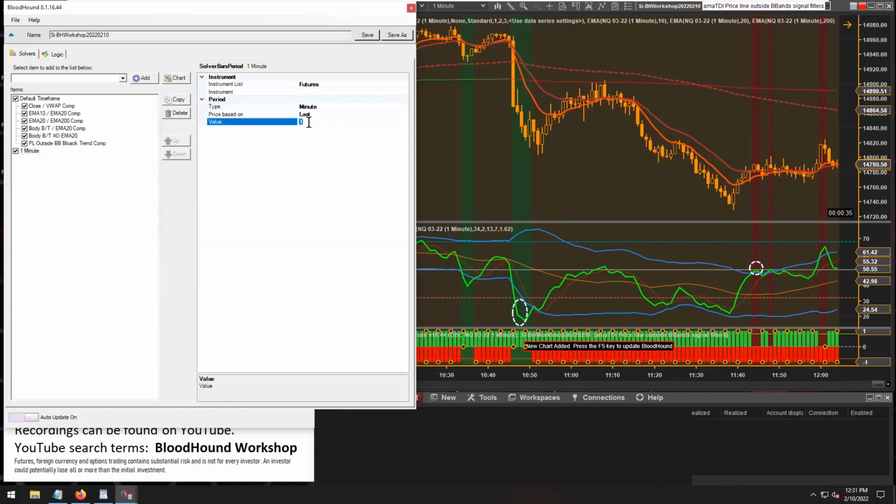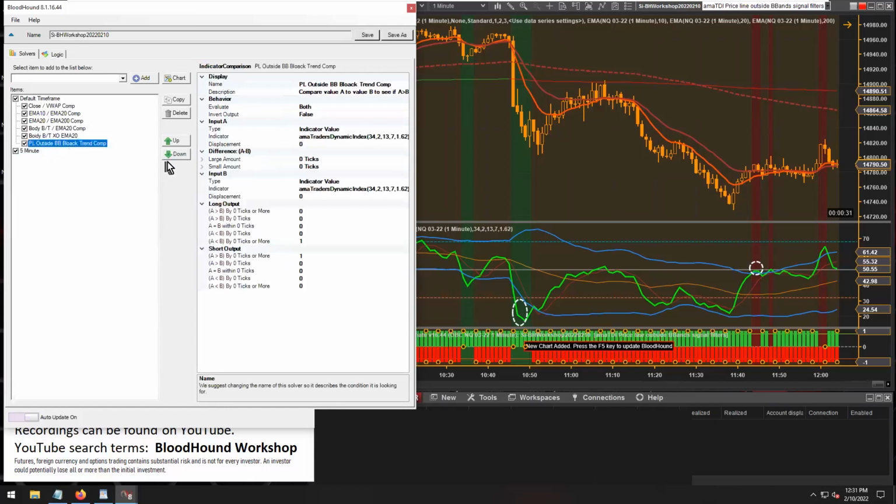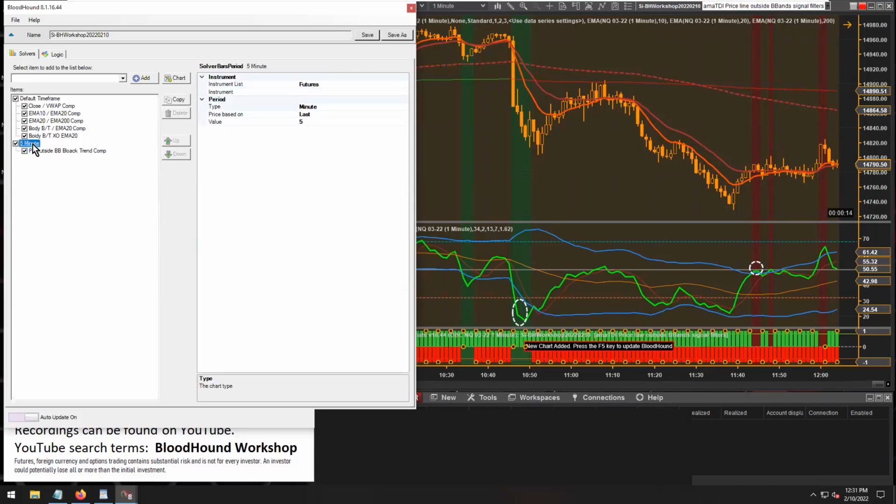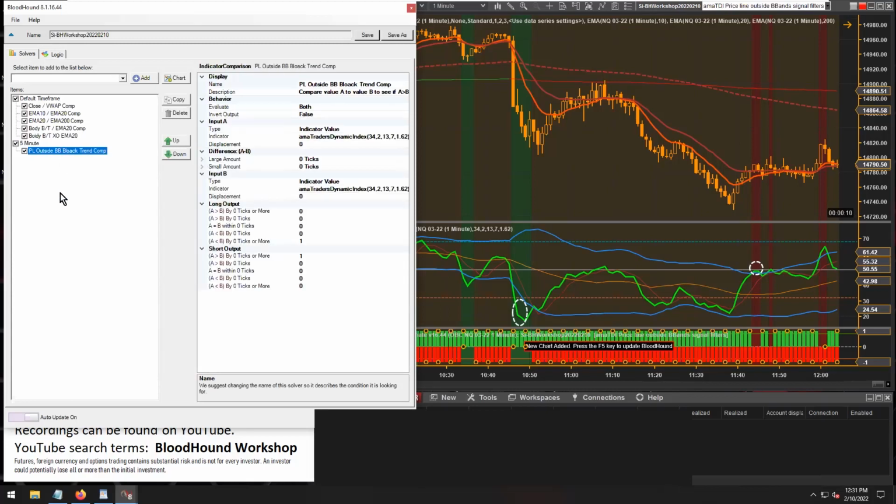If we wanted this to run on a 5-minute higher time frame, we could move this down like that. And so now the amaTradeersDynamicIndex indicator is running on the 5-minute chart, or the 5-minute time frame. All right, looks like Vito's good to go.